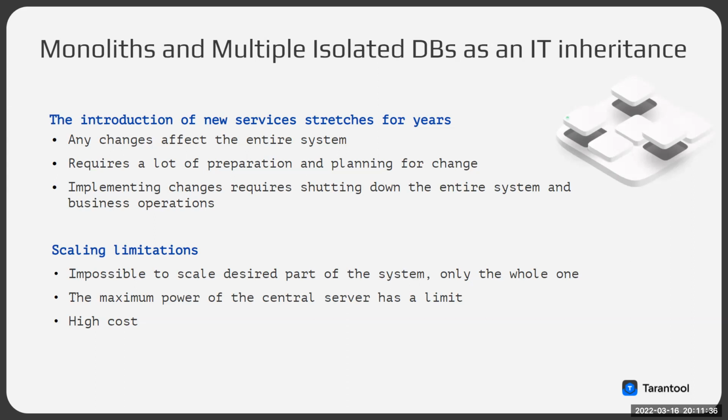The consolidation of the data causes trouble when companies try to implement it. We're facing a lot of this with the introduction of new services, because each and every change should affect the entire system, which is a real pain point of big enterprise.